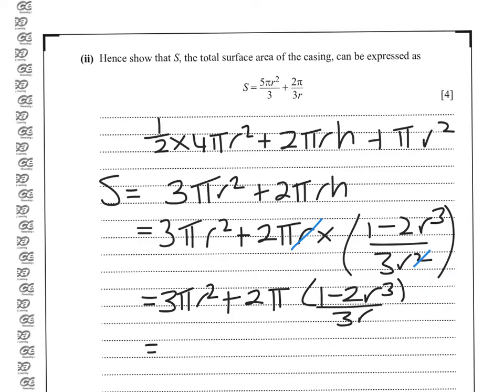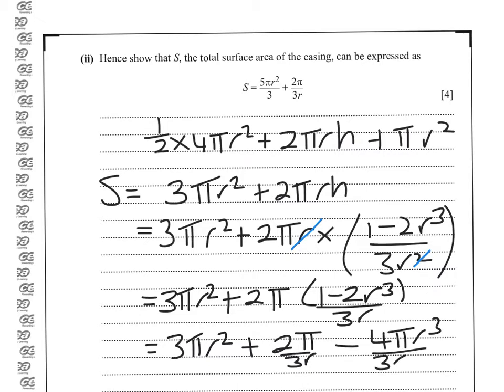So that is 3 pi r squared, and I'm going to expand out the brackets, plus 2 pi over 3r minus 4 pi r cubed over 3r.